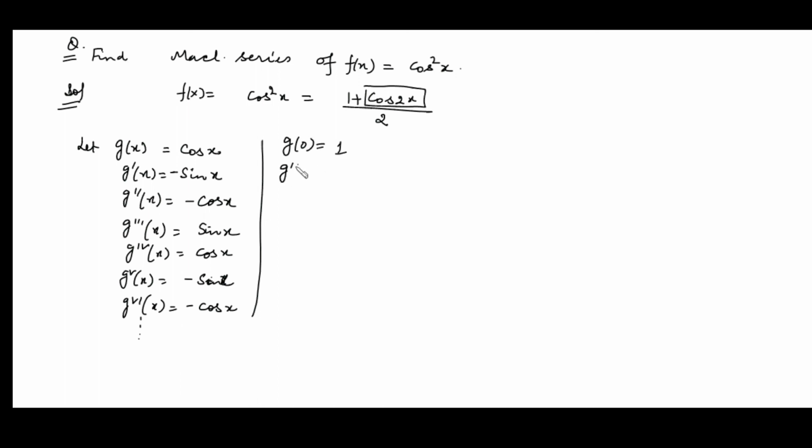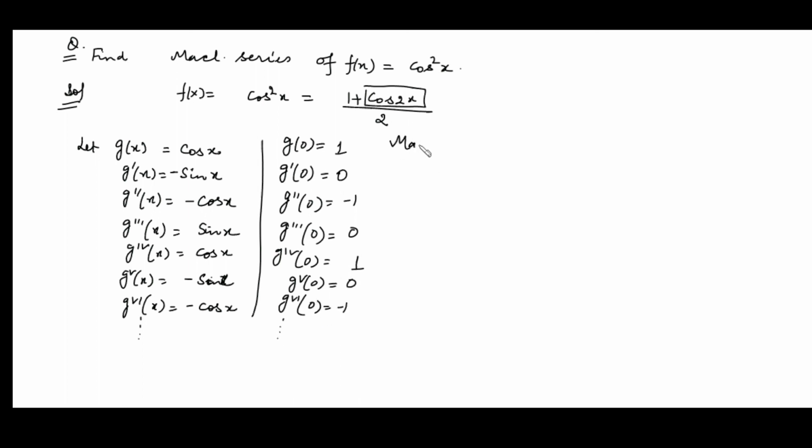It's 1, g prime 0 is 0, double prime 0 is minus 1, then 0, then plus 1, then 0, then minus 1, and so on.